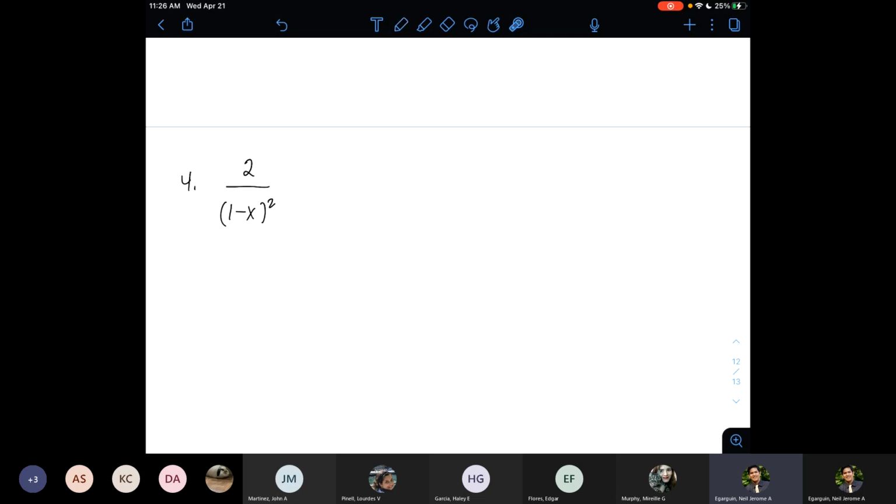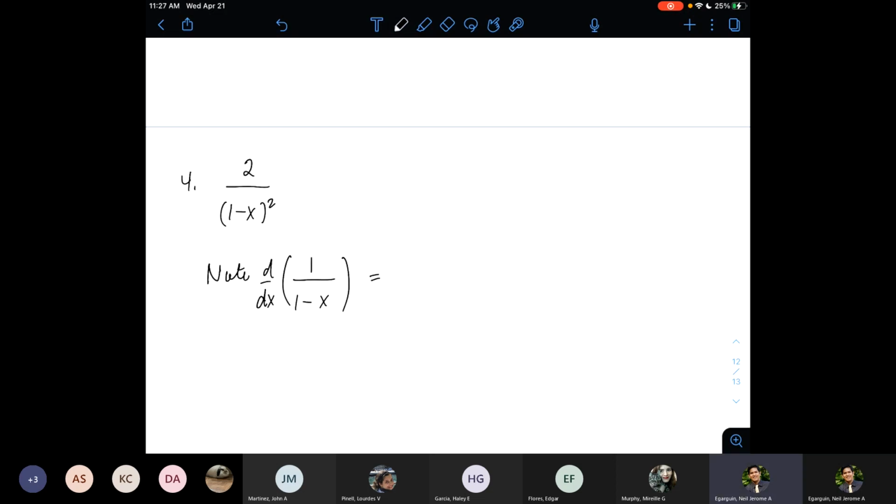So here we note, how can I relate this to something involving a over 1 minus x? But I have a quantity squared here. If I have 1 over 1 minus x, that's what we want to begin with. And if you take its derivative, what do we get?